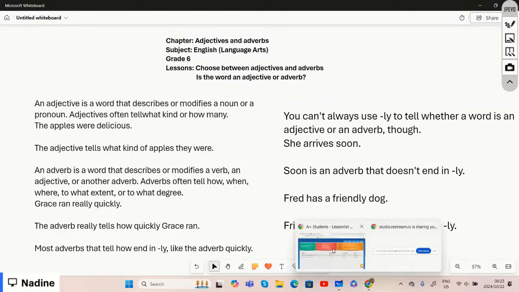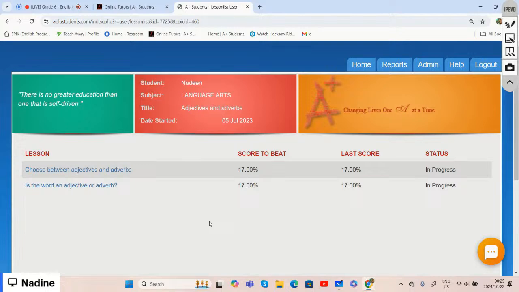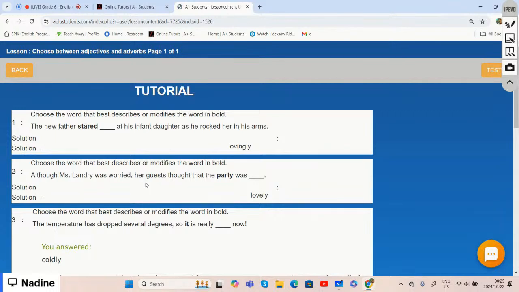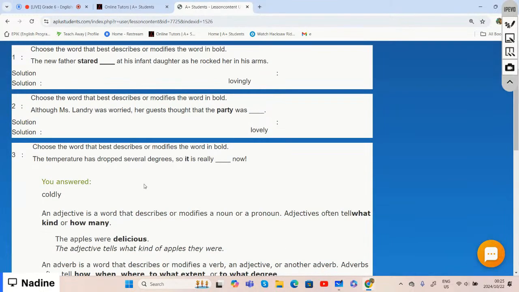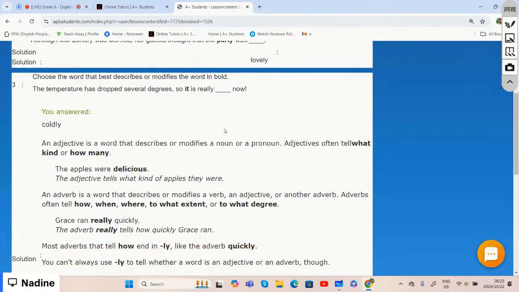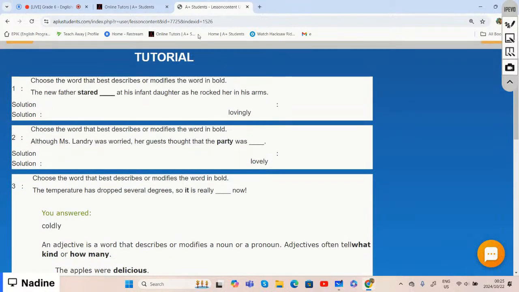All right, so now we're going to aplusstudents.ca and we're going to choose between an adjective and an adverb. We're not going to go over the description again. So now we're at the activity before we go to the test. It says we need to choose the word that best describes or modifies the word in bold.